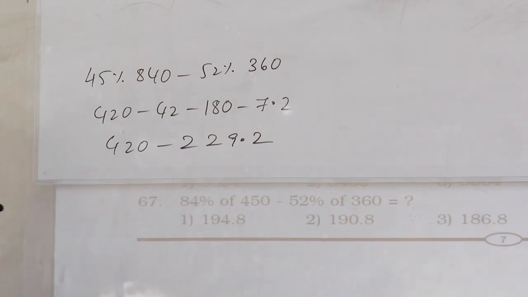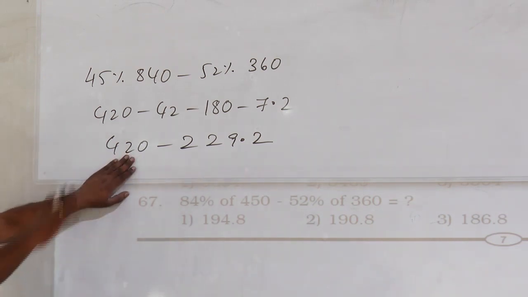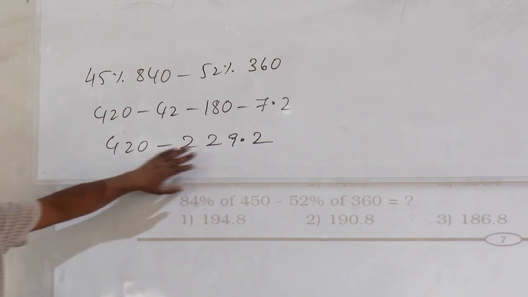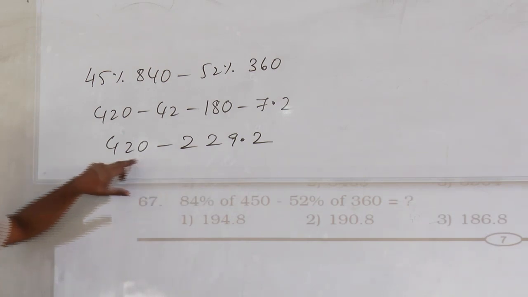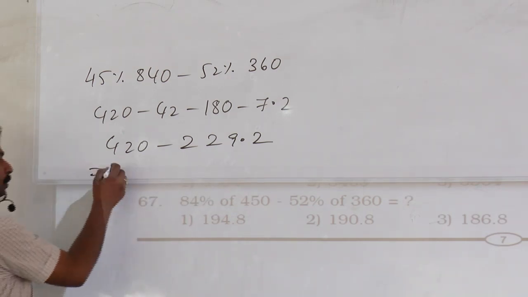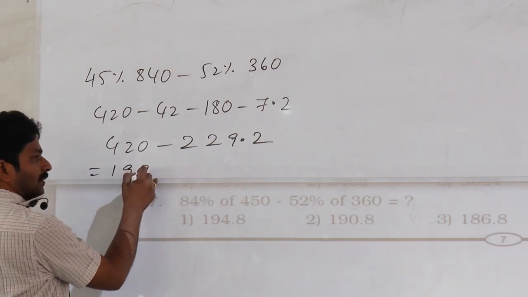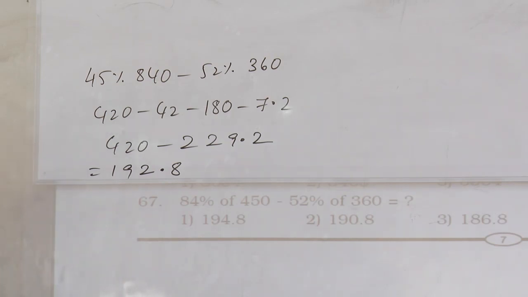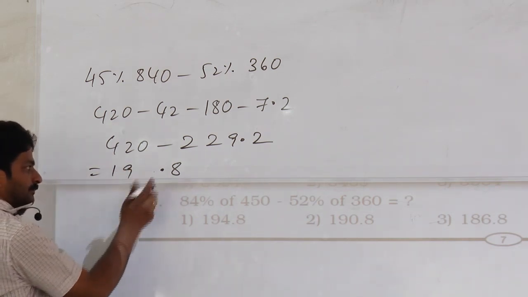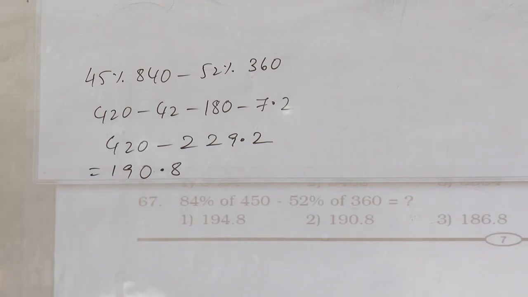Subtract first 220. Then you can subtract 7 point. If you subtract 220, you have 200 here. 200 minus 7.2, 192.8. 190.8.